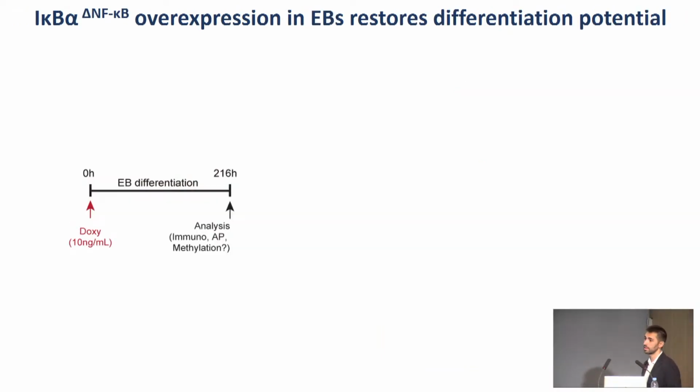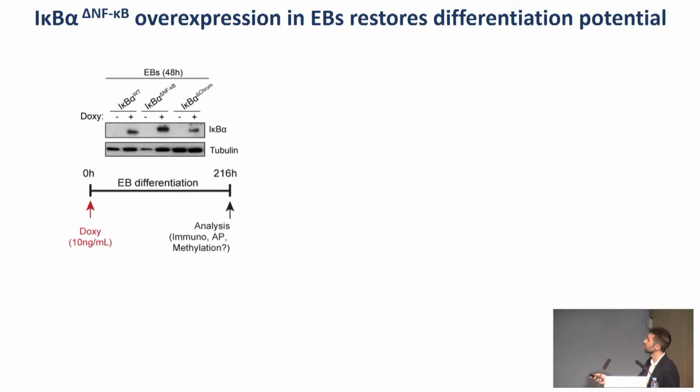But even more interestingly, I was interested to know whether this overexpression of I kappa B alpha was enough to rescue the differentiation potential of the cells. So I took the mouse cells and I overexpressed I kappa B alpha upon embryoid body differentiation. And as you can see here, I was able to overexpress the different I kappa Bs more or less at the same level.